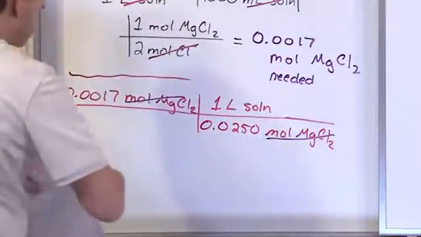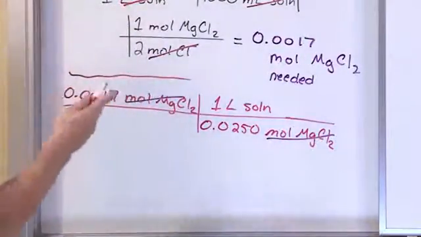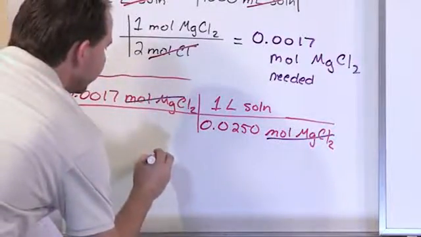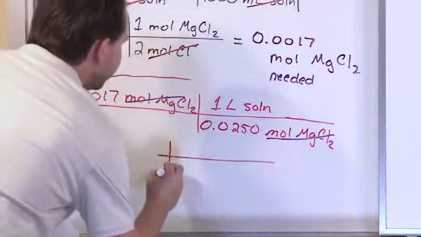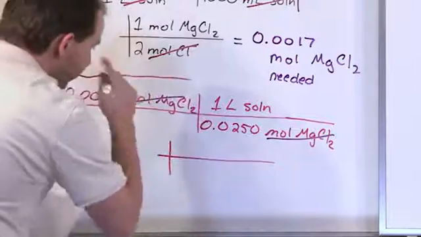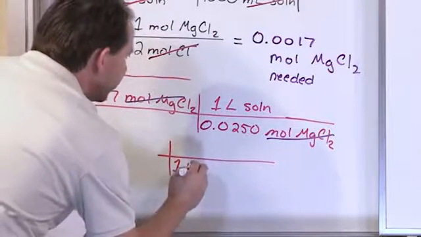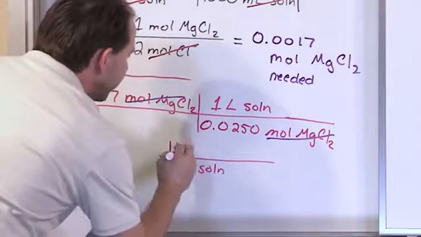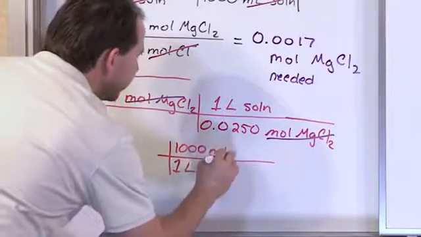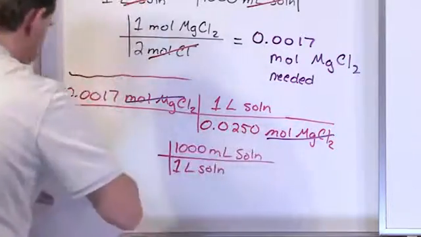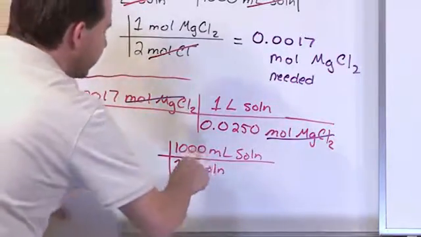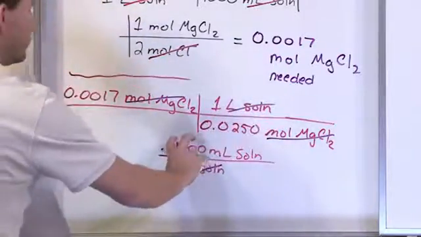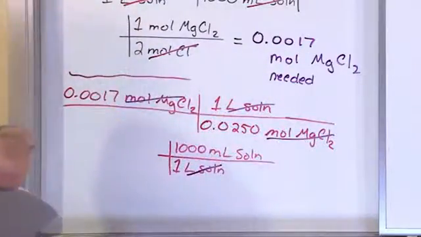And there's one more thing I'd like to do, just because our problem is mostly talking about milliliters. I'm going to continue my calculation down here, and I'm going to say that 1 liter of solution is 1,000 milliliters of solution. Okay, so I can just cancel liters on the bottom with liters on the top. Again, pretend this is kind of sandwiched at the end.